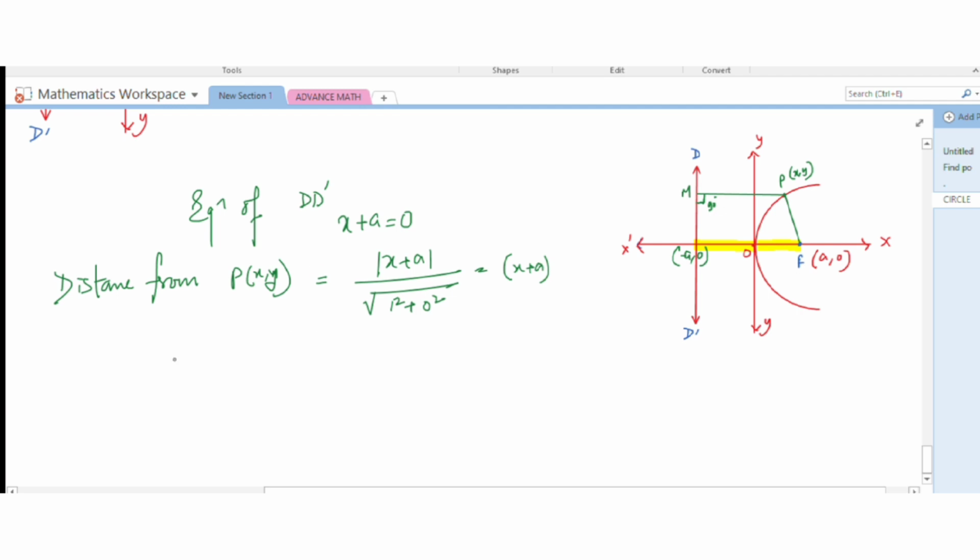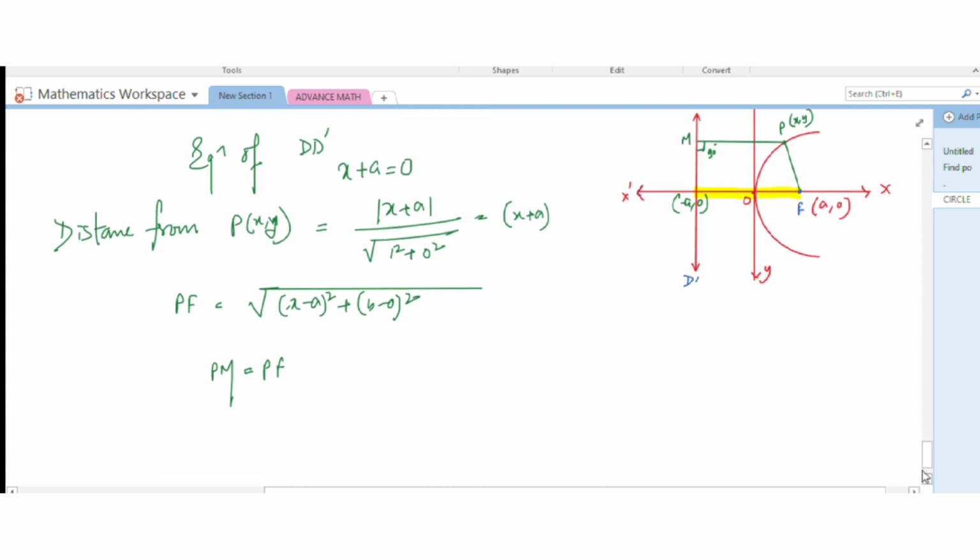So again we need to define the distance of PF. So PF distance is defined by root under of (x minus a) whole square plus (y minus 0) whole square. Now the condition is PM equals PF.